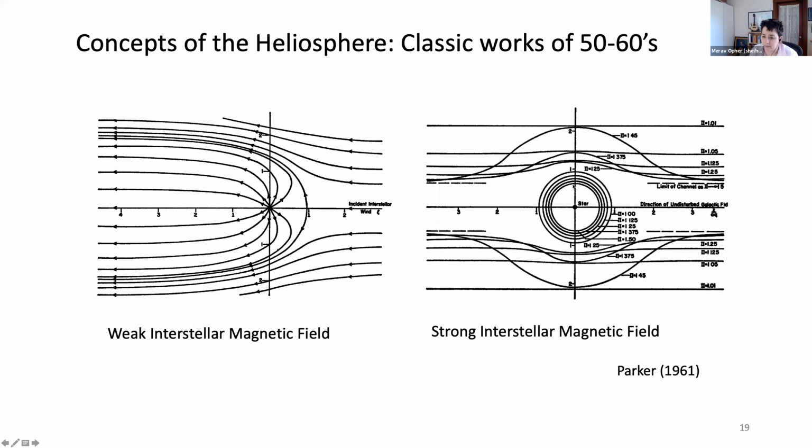You can solve the equations, you can look in Eugene Parker's original work from 1961, and you get a tube-like heliosphere, not a comet shape. So Parker realized at that time that the shape of the heliosphere might depend on external forces. One thing to remember: Parker ignored the influence of the solar magnetic field in this work.